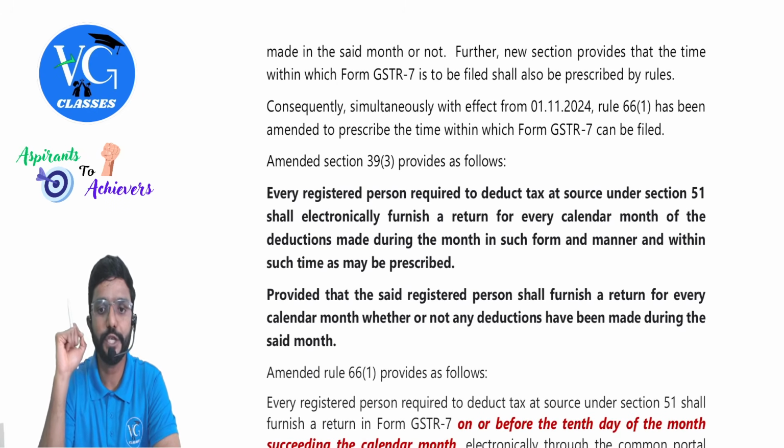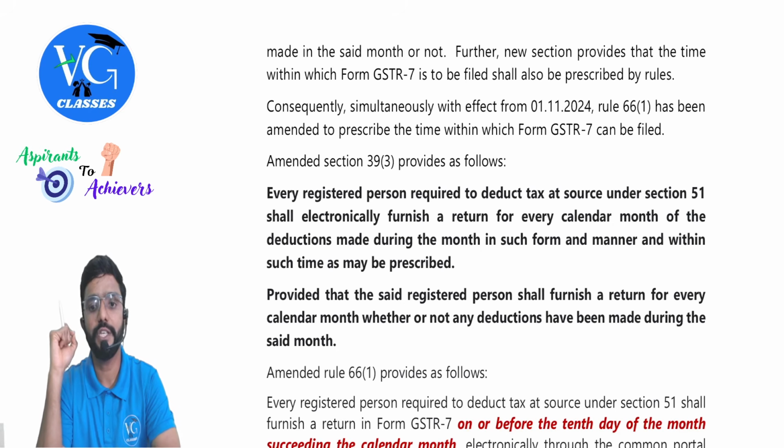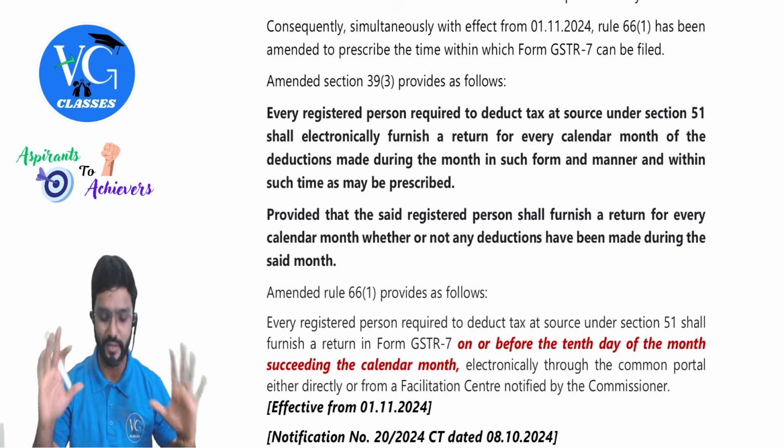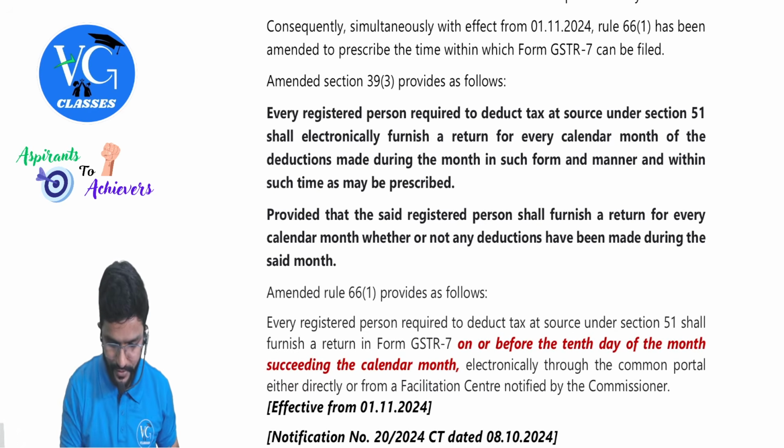Further, new section provides that the time within which form GSTR 7 is to be filed shall also be prescribed by the rules. Consequently, simultaneously with effect from 1st November 2024, Rule 66(1) has been amended to prescribe the time within which the form GSTR 7 can be filed. Okay, now we are coming to the actual answer.